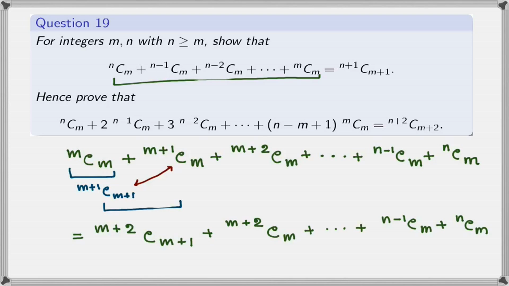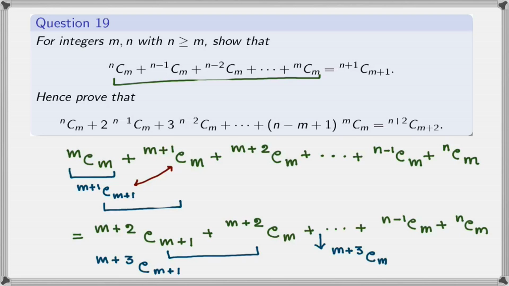Again, from these two terms we get (m plus 3)C(m plus 1). Note that here the term is (m plus 3)Cm.